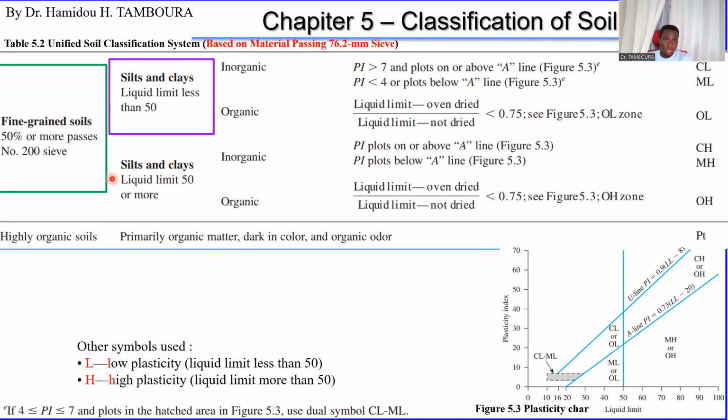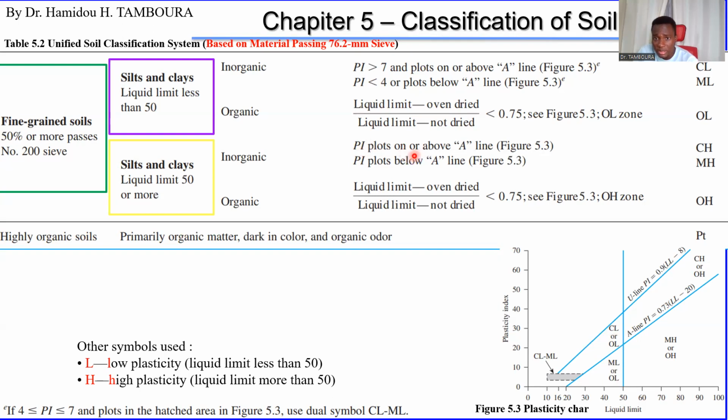And now let's go to this one. When the liquid limit is higher than 50, we will be in this zone, in this area. Okay. In case of inorganic soil, you use your PI, the plasticity index.